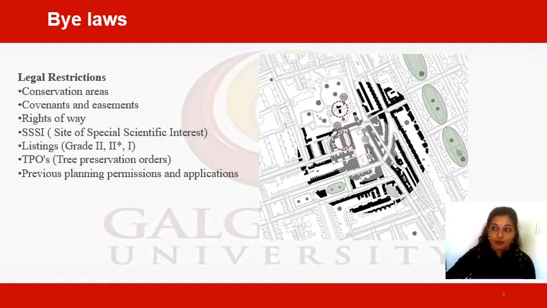There is a special bylaw for tree cutting. If you cut a tree which is protected in nature under the bylaws, you should plant a number of trees in replacement of that tree, or you have to transplant that tree. So you should take care of the vegetation also. Previous planning permission and applications should also be taken care of in the site analysis.